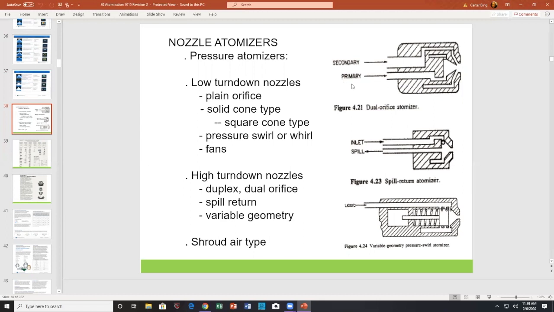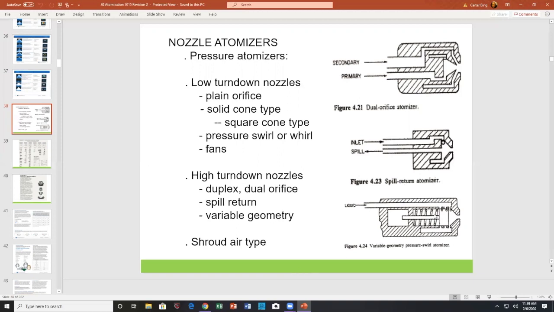This might be if you're interested in having a turn down in feed rate. I think this can go a factor of 100. This one always sort of bothers me here. High turn down is the duplex nozzle. Here's a duplex, variable geometry. Spill return is kind of cool. You have the feed and it doesn't all go out; some returns back.